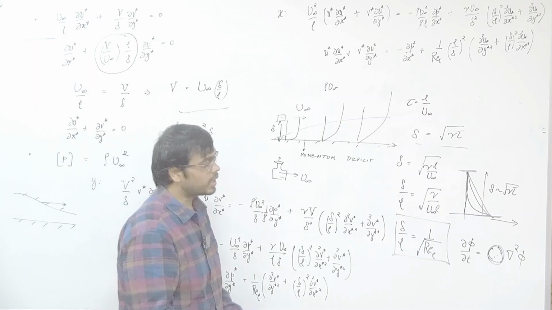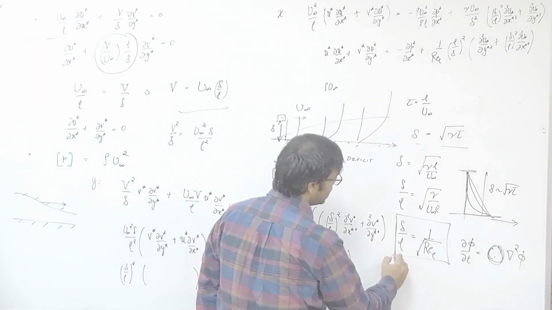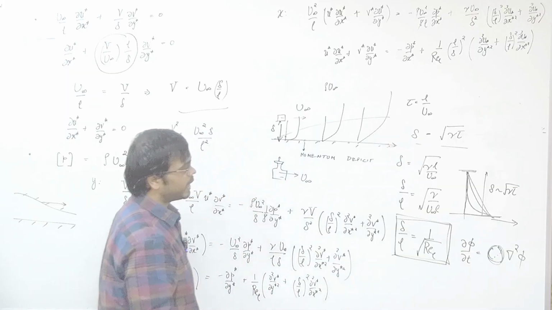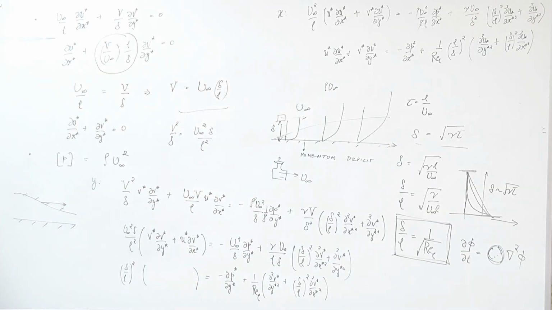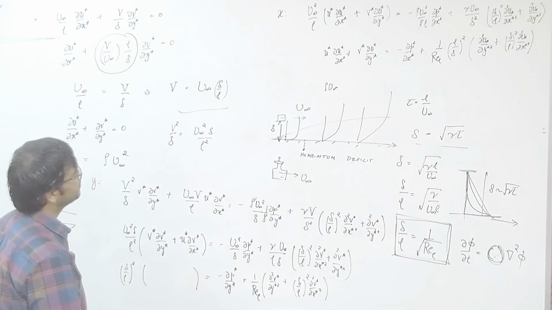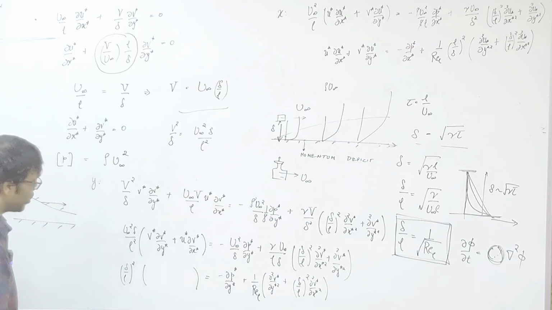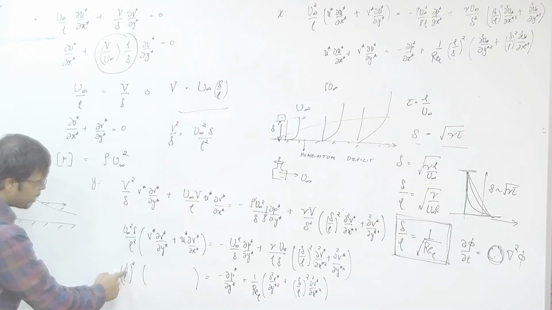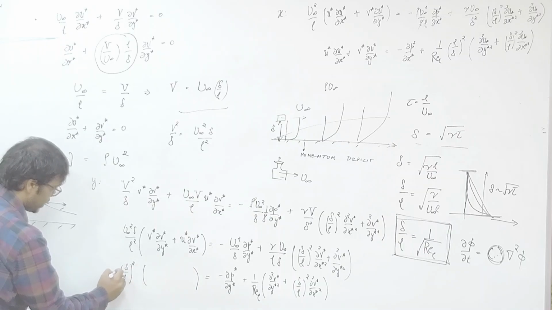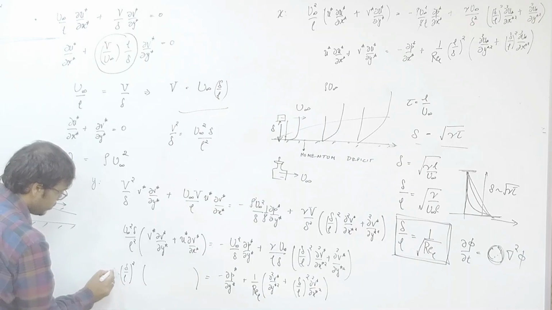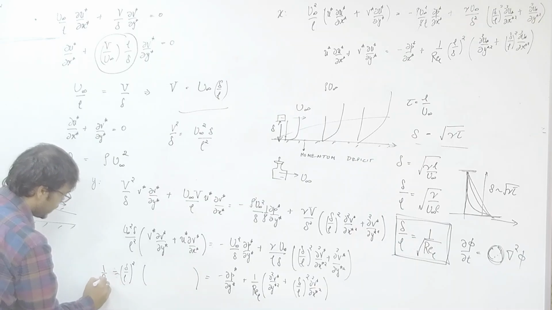And that is how we get this relation between delta and L: delta by L is 1 by square root REL. Now we can make a lot of simplifications, because this delta by L square is nothing but 1 by REL.